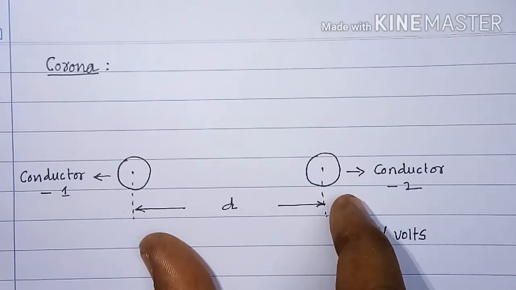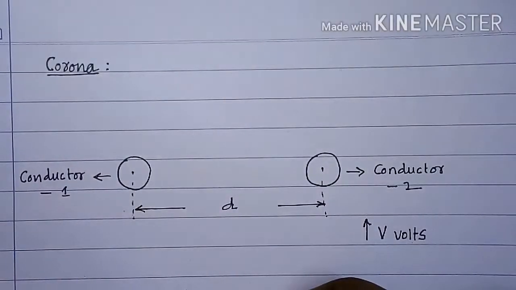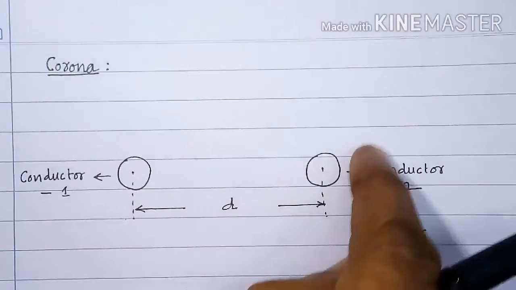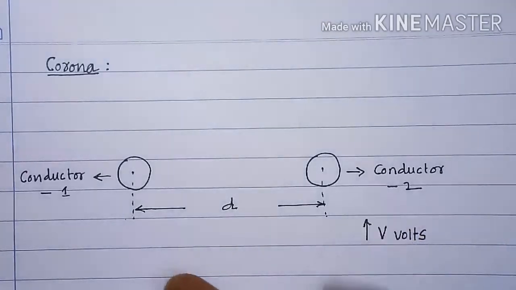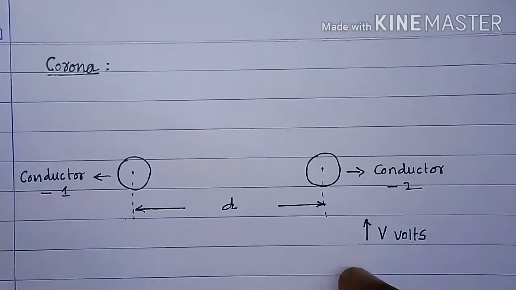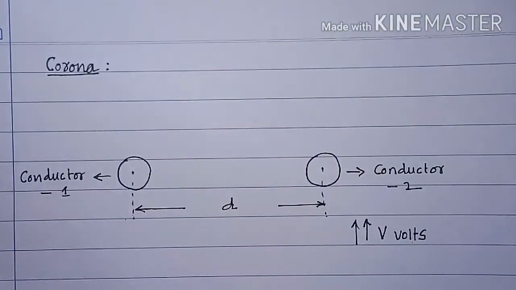Also, around these conductors there will be formation of ozone gas. When this happens, if we further increase the potential difference, the intensity of glow and noise will increase.